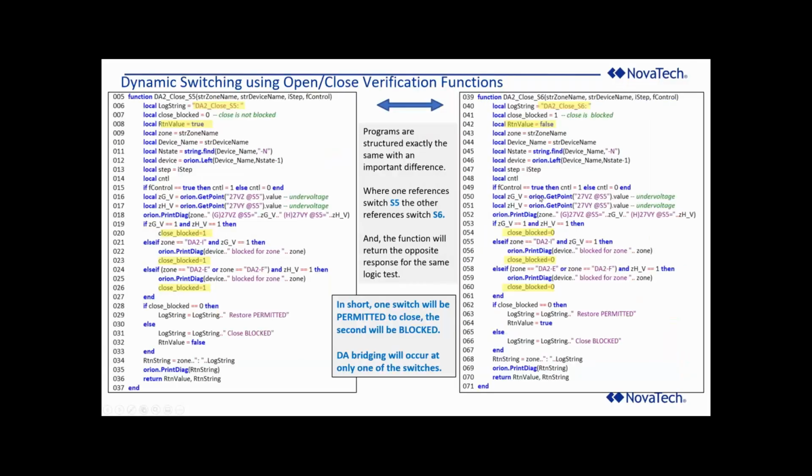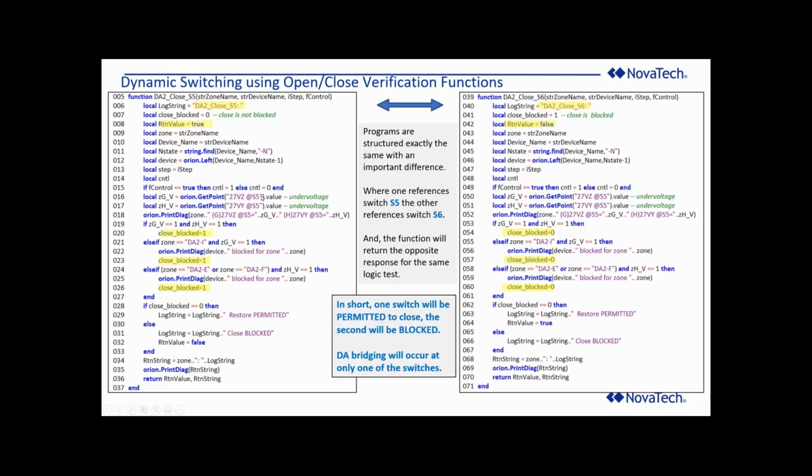If you put those two side by side, they really are the same code, except that there's a few minor differences where this one is referencing switch 5, this one references switch 6. This one is going to return a value of true, this one's going to return a value of false.